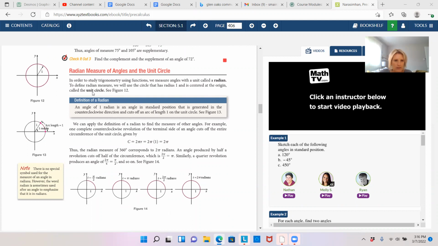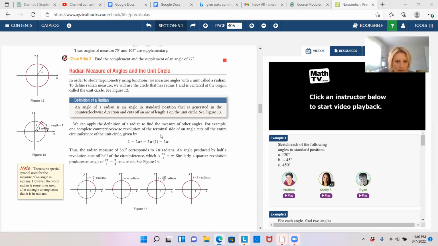Okay, so we're going to go back to a little piece that we left out back in chapter 2, talking about equations and functions of circles, because it's now necessary. We're going to go back and do that for chapter 5.2 when we introduce that. But we're using this unit circle where the radius is 1.